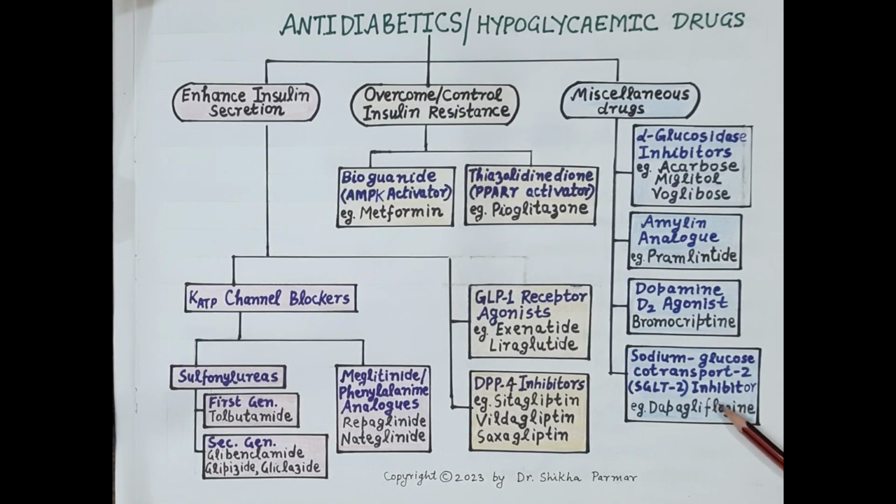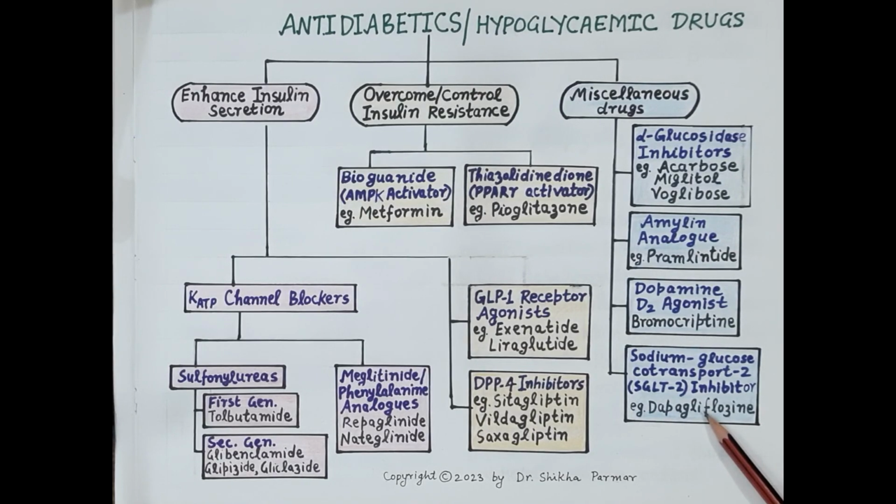Another class is the sodium glucose cotransport 2, in short SGLT2 inhibitors. Now, these drugs inhibit sodium glucose cotransport 2 in the proximal convoluted tubules of the nephron of kidney, thereby inhibiting reabsorption of glucose in the blood. And this reduces concentration of glucose in the blood.